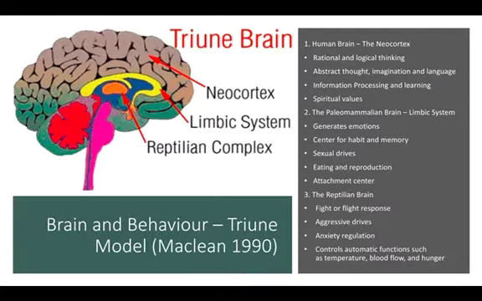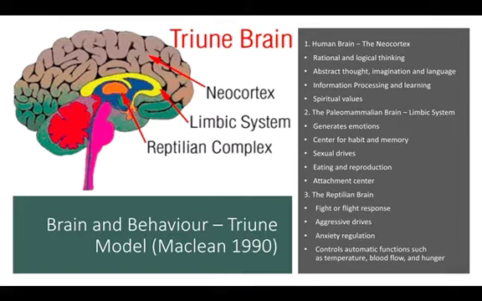To begin with, I'm going to go over a model that was introduced by MacLean in 1990. This really is helpful to use in your answers about brain and behavior. It's referred to as the triune model. I have gone over this previously, but I'm going to go over it again. According to this model, the brain is divided into 3 different sections.